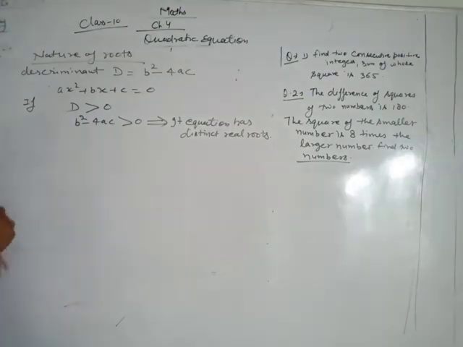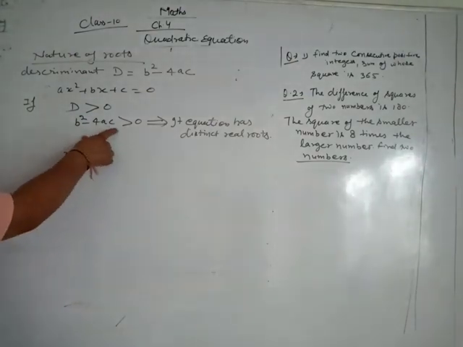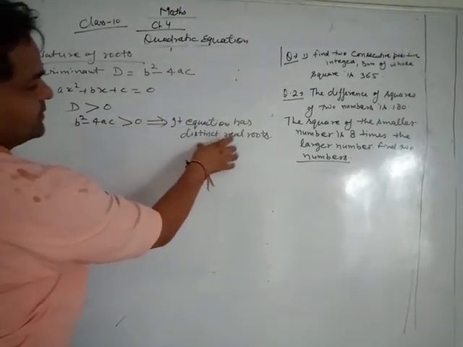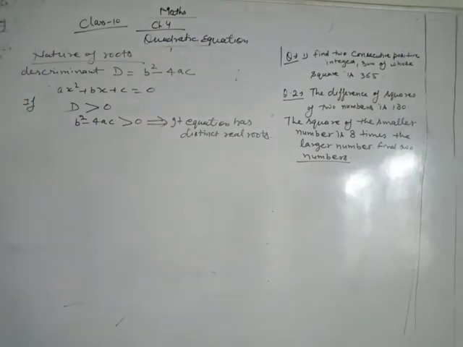It means if the value of b square minus 4ac is greater than 0, it has real roots.